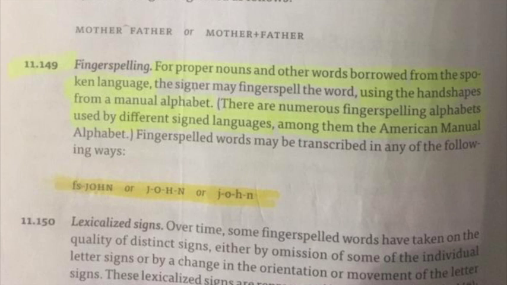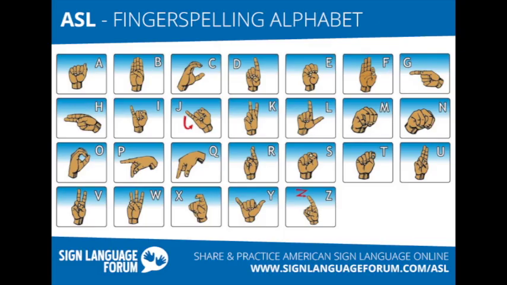Before we get there, let's just look at the sign language charts. Now here, as it says, there are numerous fingerspelling alphabets. If we look at the American, which we're reading about here, American Sign Language, their hand shapes for each letter are different to British Sign Language.